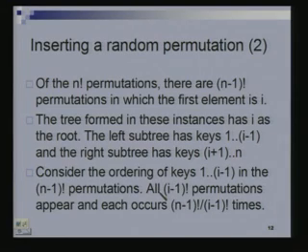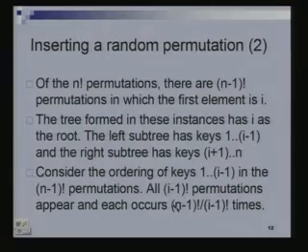There are n minus 1 factorial permutations in all, and there are I minus 1 factorial permutations of the elements 1 through I minus 1, and there is no reason why one of those permutations should be more likely than the other. They will all occur the same number of times, it is symmetric after all. So, each permutation of these elements is occurring exactly so many times.